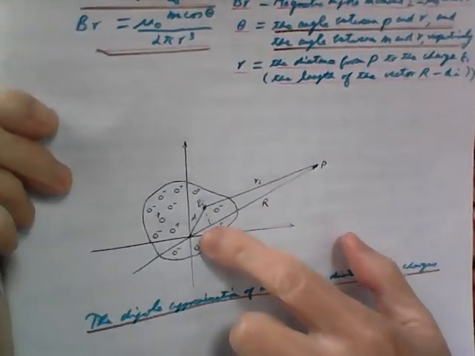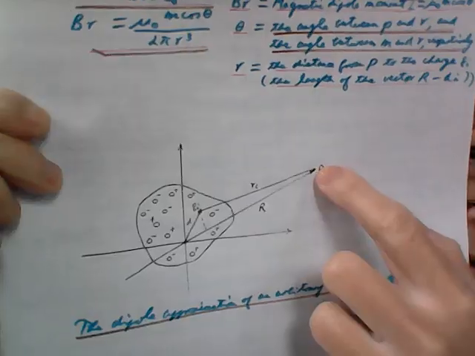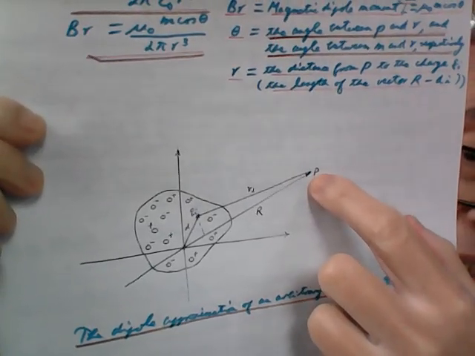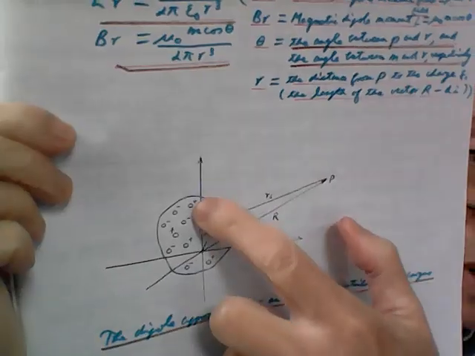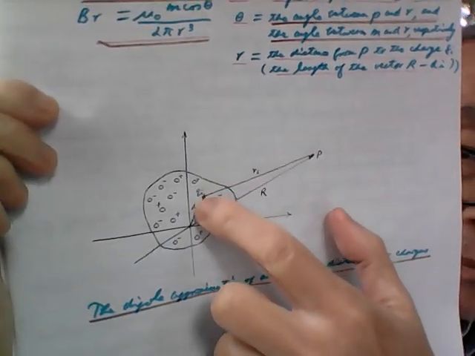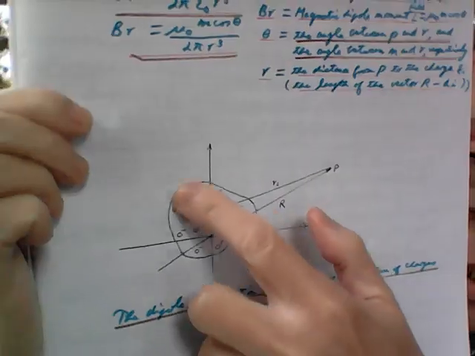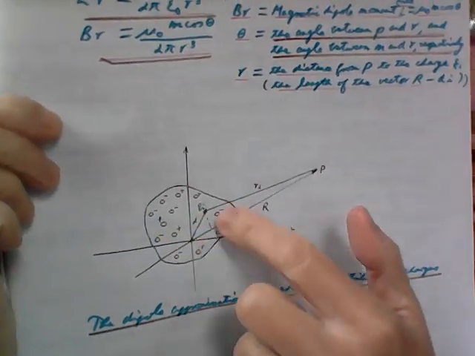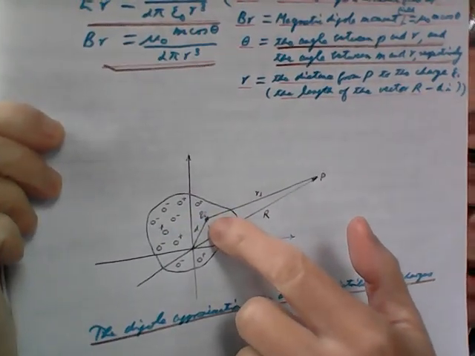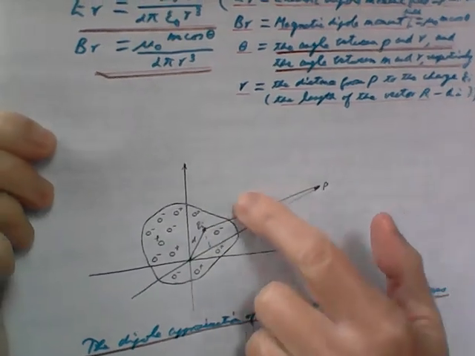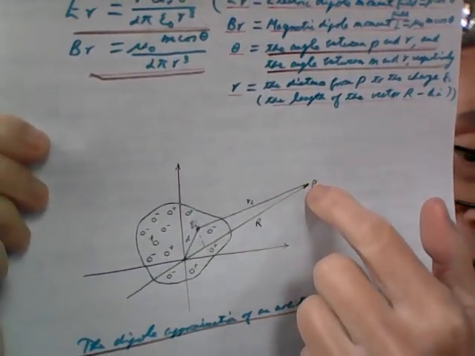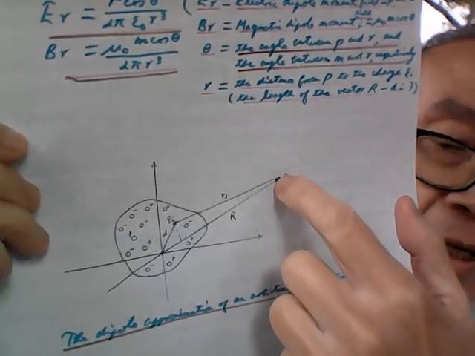And now we want to find out what is the potential at the point P here due to one of the charges, and then by analogy, you will find out what is the total potential of the whole object on this single charge here at the point here.